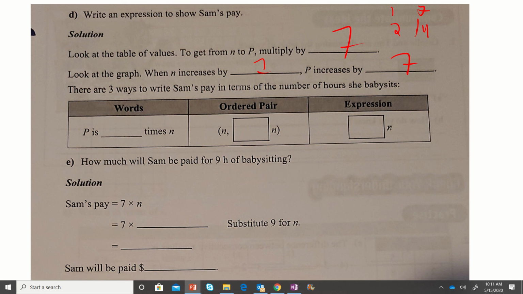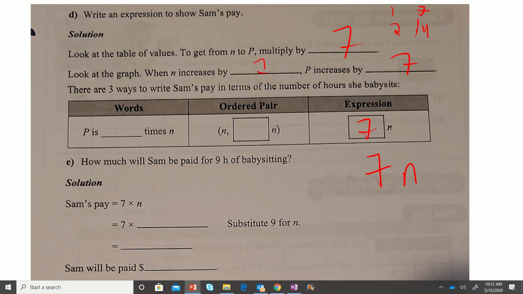So there are 3 ways to write Sam's pay in terms of the numbers. The only ones I care about are the expressions, so it is 7n. The reason why is because we can take 7, which is our pattern here, and we can take n, which is our number of hours, and we can find out any amount of pay for any amount of hours.